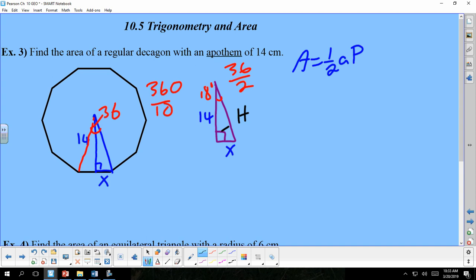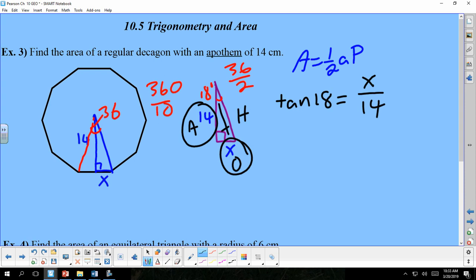H, O, and A. I'm looking for O. I have A. So this is a tangent problem. Tangent of 18 equals x over 14. X equals 14 times tangent of 18.